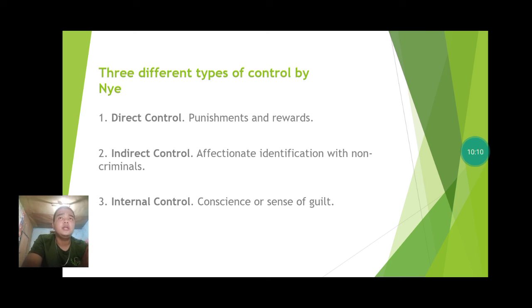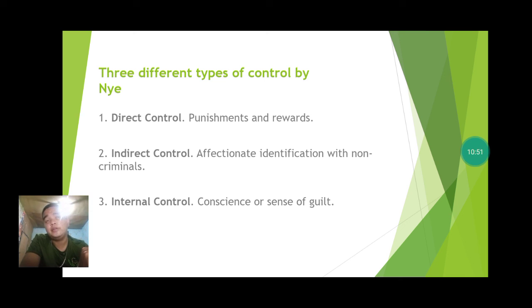Direct control is a control imposed directly on the manufacturing, pricing, and distribution of specific goods, as opposed to an indirect or general control, such as credit and fiscal policy that affects the economy as a whole, but only indirectly on specific goods. So that's direct control, and indirect control is affectionate identification with non-criminals.